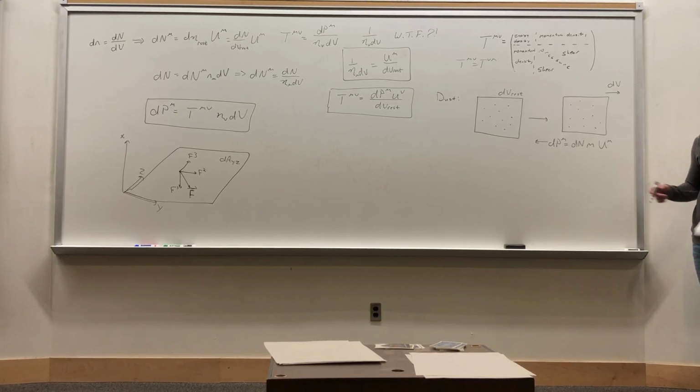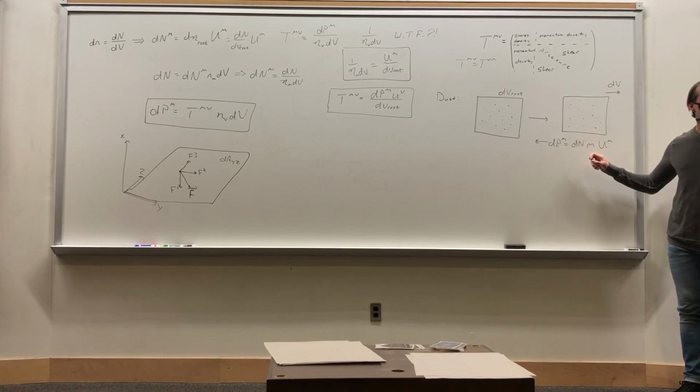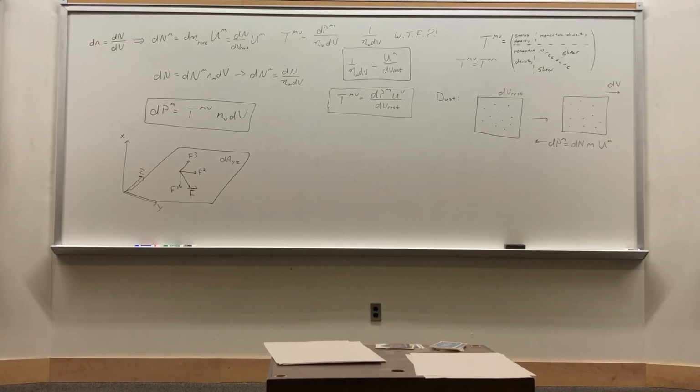Does that make sense? That is the form momentum. But we have many particles, and they're all doing exactly the same thing, so we take that one form momentum and multiply it by the number of particles, which is dn. And that gives us dp.